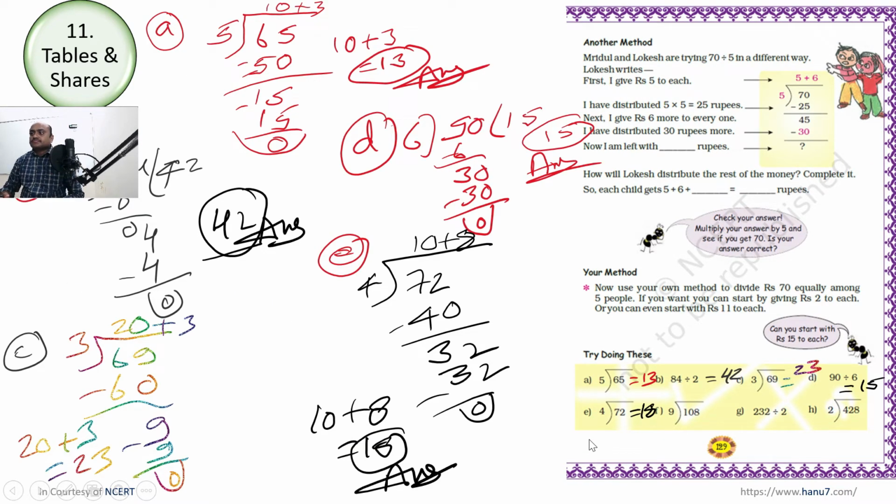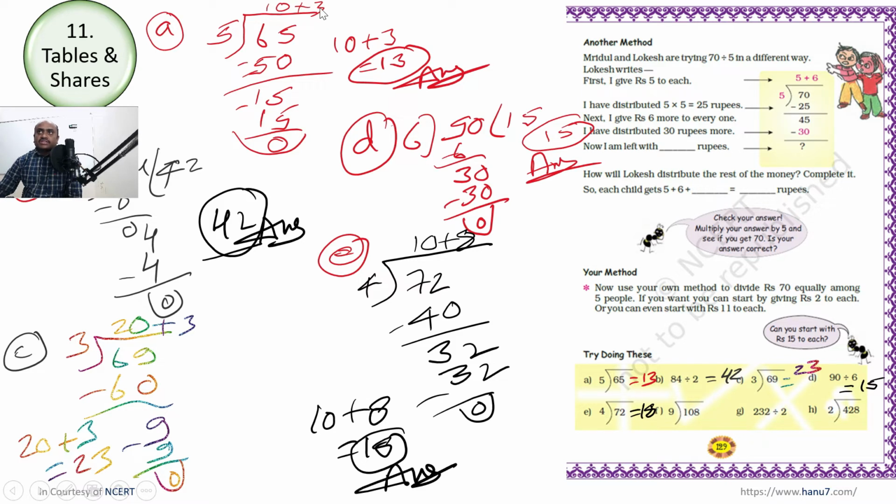To solve this bit, I have used this space in the page. You can see I solved it by giving 5 tens of 50, which is very near to 65. I wrote 5 tens of 50, subtracted and got 15.